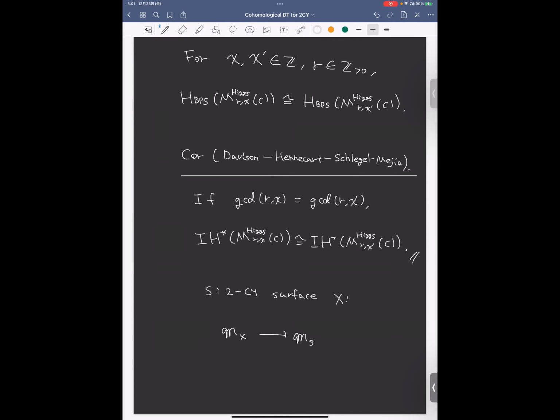Here X is the total space of the canonical bundle on S.